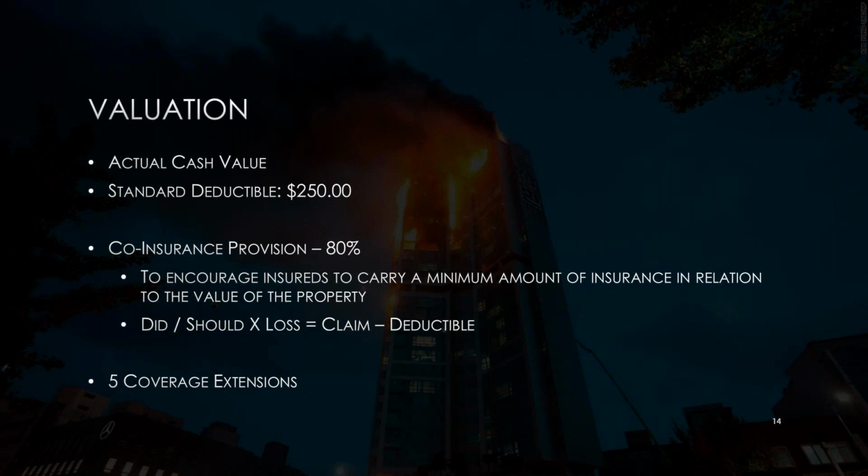What you should have had is 80% of the value of the building. Where a lot of people make mistakes in plugging numbers in is they put how much insurance you did buy divided by the value of the building. And that would be wrong. Because if the insurance company is saying you only need 80% of the coverage of the value of the building, then that bottom number should be 80% of the building value.